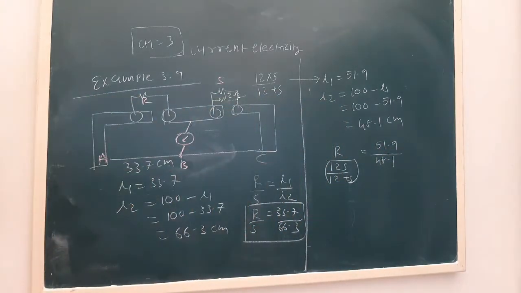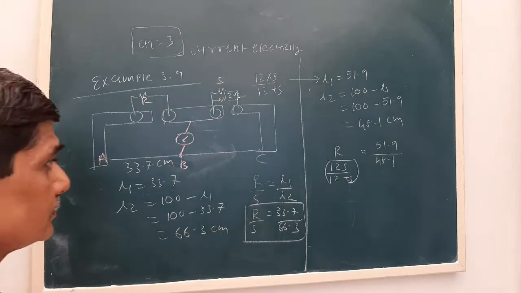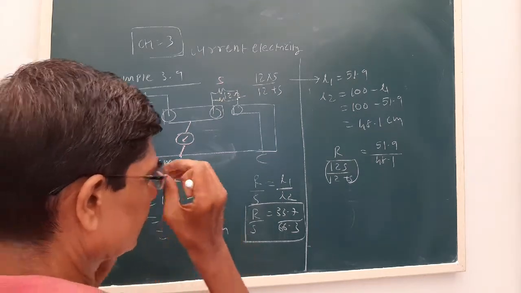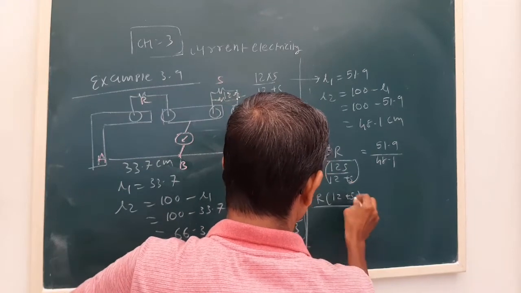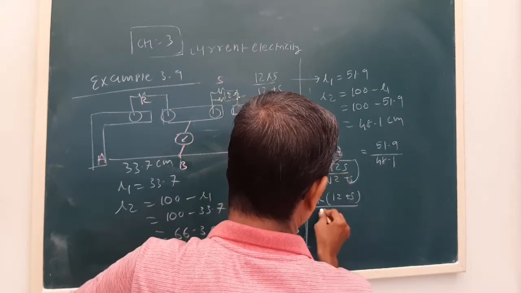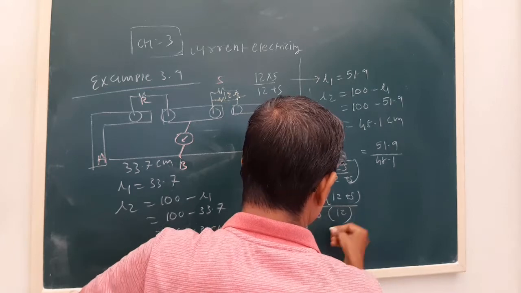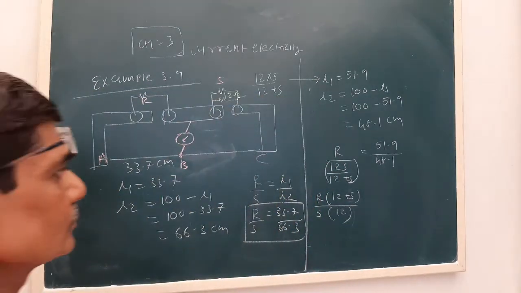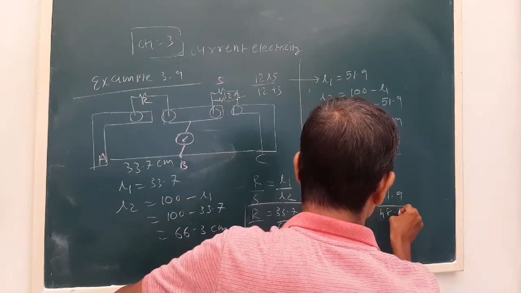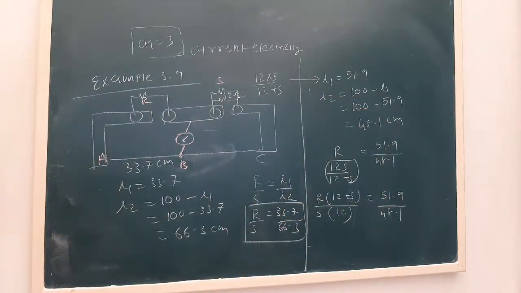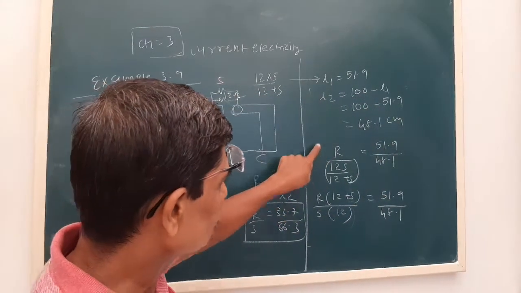Now if we solve this, R into 12 plus S upon 12 into S, I can write like this. See, this 12S will move to the numerator.